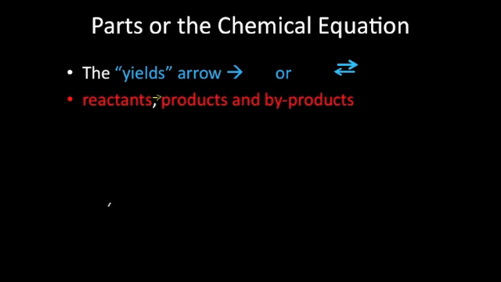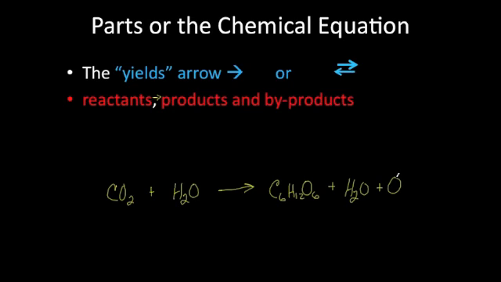So if I wrote a chemical formula down here, and I'm just going to do carbon dioxide plus water yields glucose, water, and oxygen.